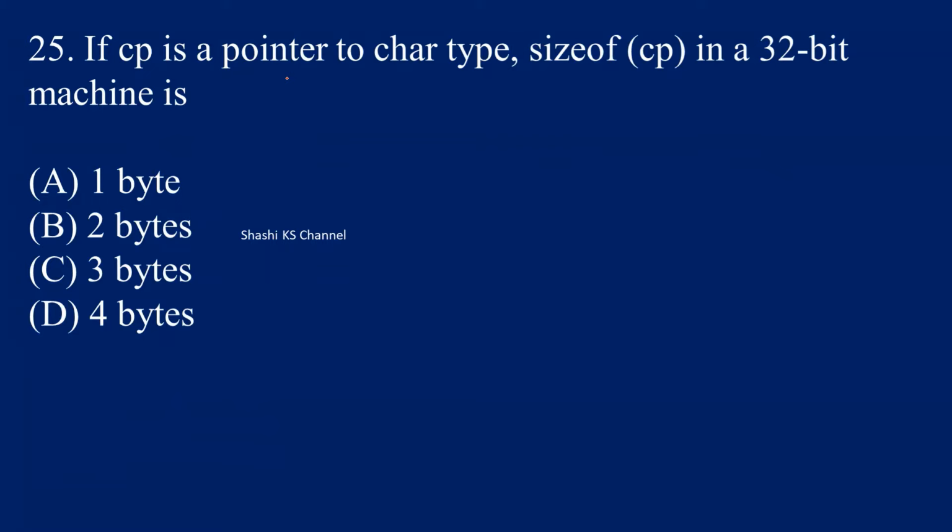Irrespective of whichever variable's address it is storing, it is always going to store an integer value because it is going to store an address. So the size of the pointer in a 32-bit machine will be 32 bits. In a 16-bit machine, it's going to be 16 bits, and so on. 32 bits is 32 divided by 8, which is 4 bytes. The right answer would be option D here.